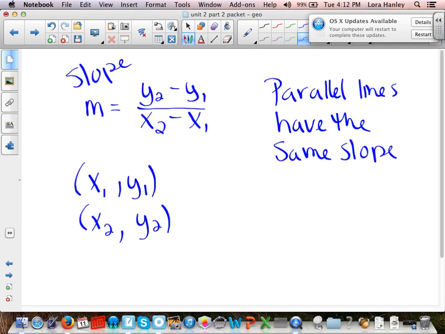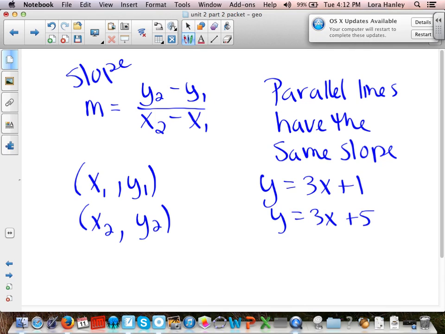So if you see two equations, y equals 3x plus 1 and y equals 3x plus 5, we know those two are parallel because their slopes are the same value. Okay, so they're increasing at the same rate.